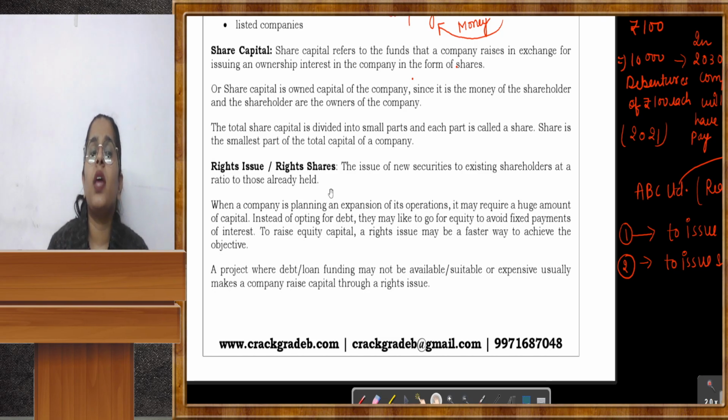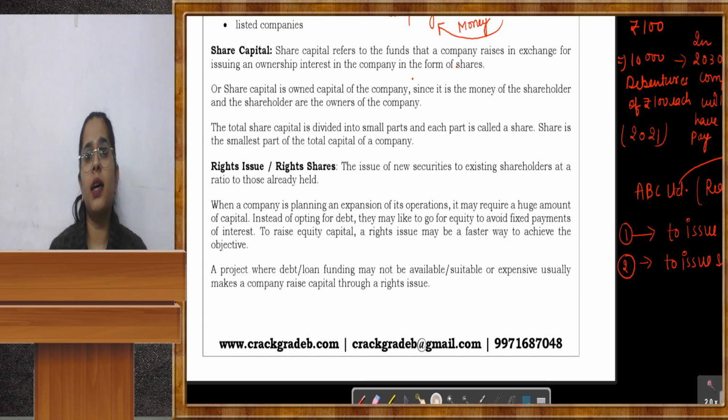So here they are saying that if funds are required for any expansion, then the company can go for a rights issue of shares because it is fast. And it does not involve the payment of any interest charges or fixed charges, so it is a bit safer too. A project where debt loan funding may not be available or is expensive usually makes a company raise capital through a rights issue.